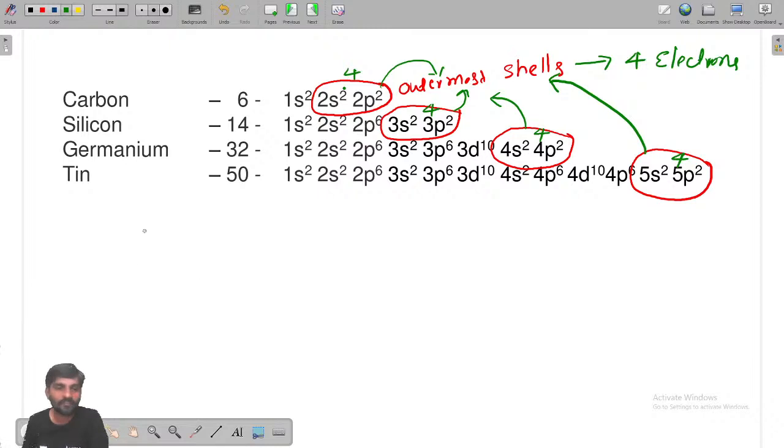See, in the outermost shell, if you have one electron, it is called monovalent.